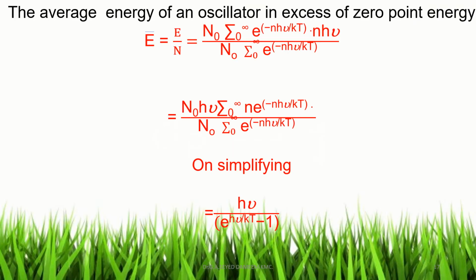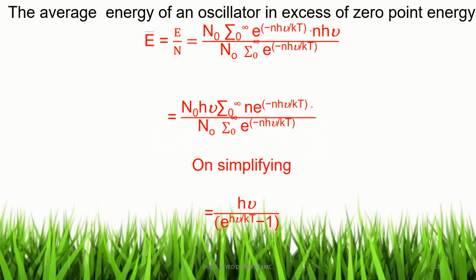The average energy of an oscillator in excess of zero point energy, E bar, is equal to the total energy divided by the total number of oscillators, that is E divided by N. Now that is equal to N0 sigma 0 to infinity e power minus n h nu by kT into n h nu divided by N0 sigma 0 to infinity e power minus n h nu by kT.